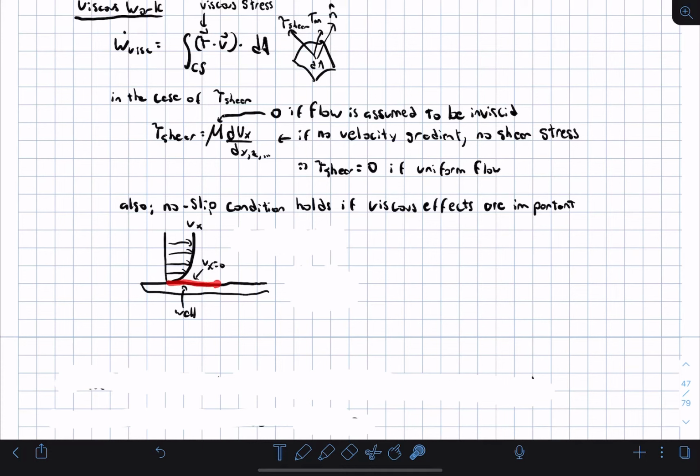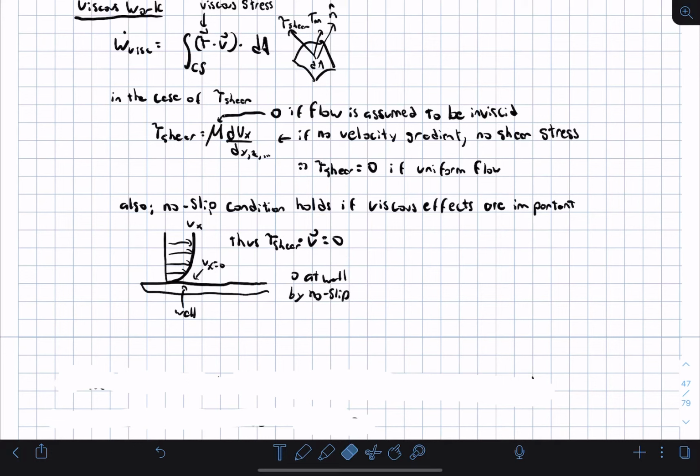And if that wall is stationary, there is a very high shear stress at the wall, but its velocity is 0. So it doesn't matter what the shear stress is, it's being dotted with 0, and so that equals 0.